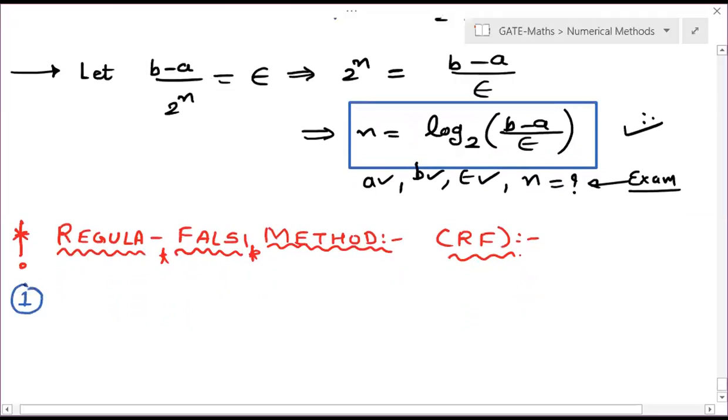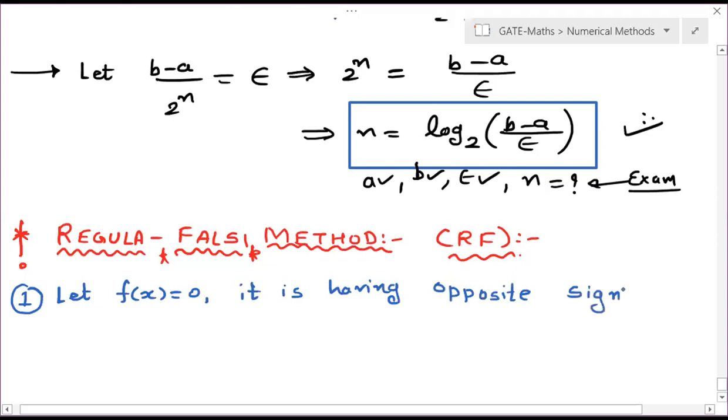Same condition: f of x equal to 0 should have opposite signs in the interval, but here we will write the interval as x0 to x1. So let f of x equal to 0 have opposite signs in the closed interval x0 to x1.